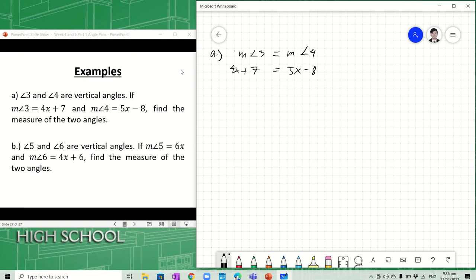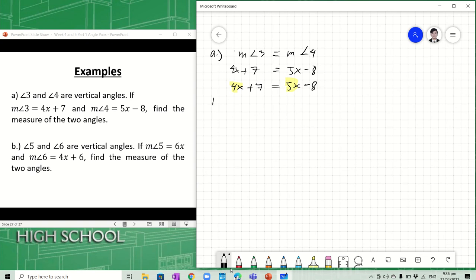And then you just have to isolate the x. So let's say I want to isolate the x on the right side. I decided that I will place the x here because 5 is greater than the 4 in here. I just have to compare the coefficients. 5 is greater than the 4. But okay lang naman kahit gusto nyo sa left.